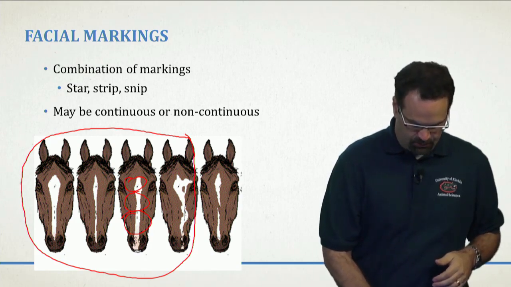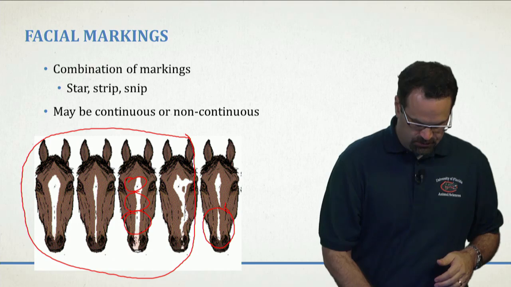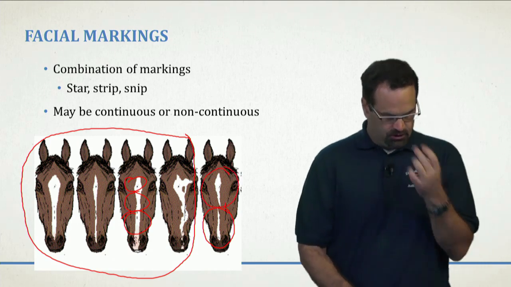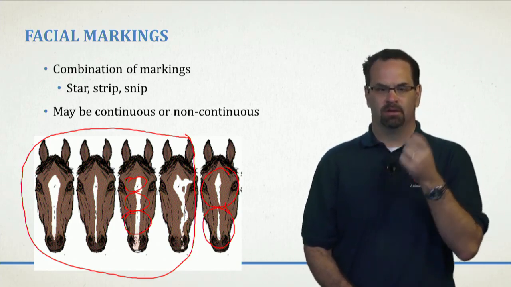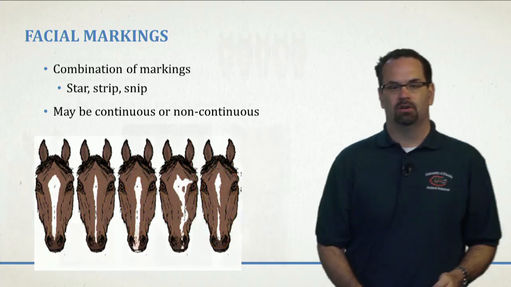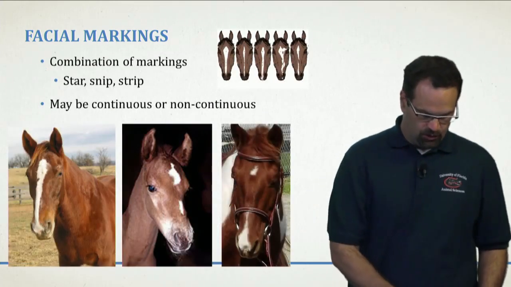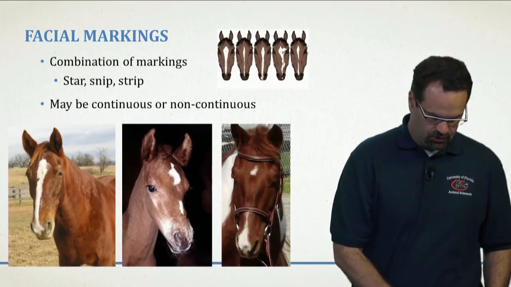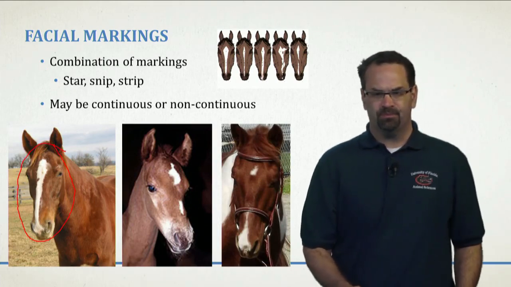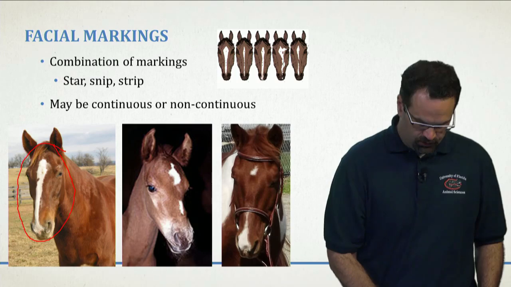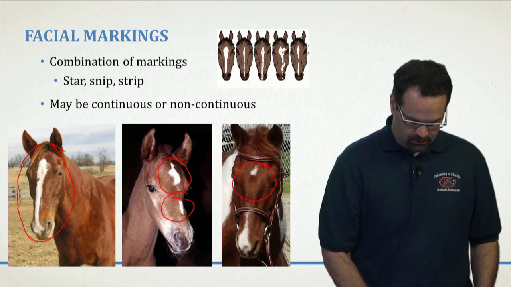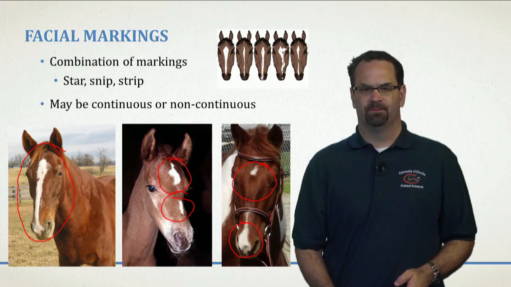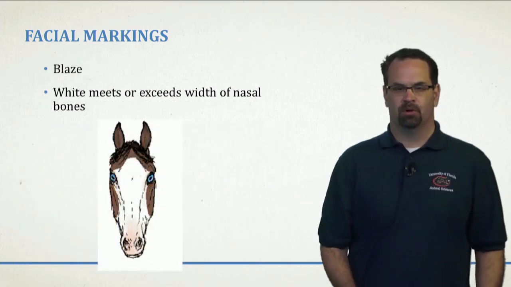Non-continuous is the example right here, where you do have a star, a strip, and a snip, but it's broken. If you wanted to see this on real horses, here's one with a continuous star, strip, snip. Then on this foal, you have a star and a strip, and on this horse, you have a star and a snip. So pretty easy with the facial markings.